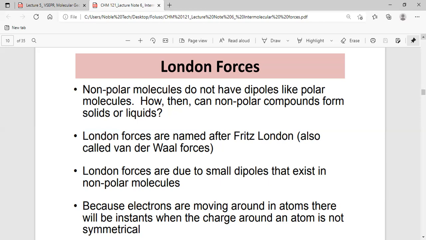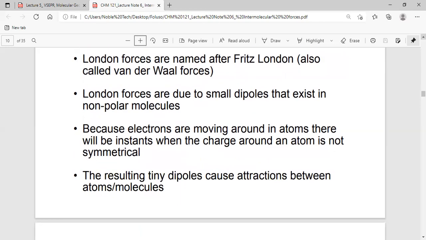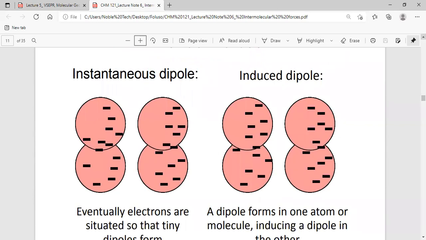London forces are due to small dipoles that exist in non-polar molecules. Because electrons are moving randomly, they can instantaneously become charged, and there will be charge segregation, so you have an instantaneous dipole. It just instantaneously happened. Then you can also have an induced dipole.